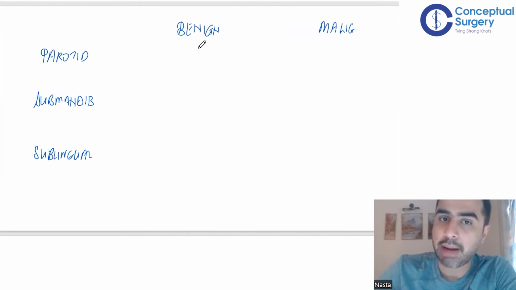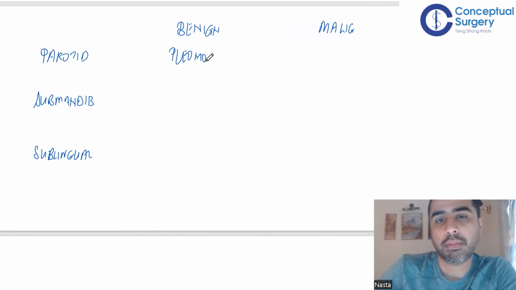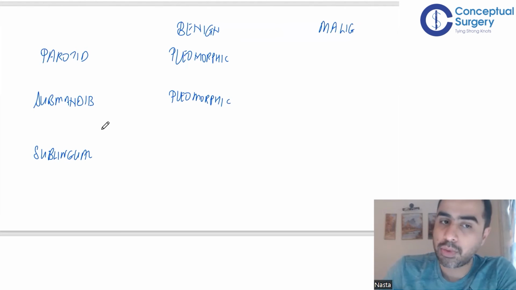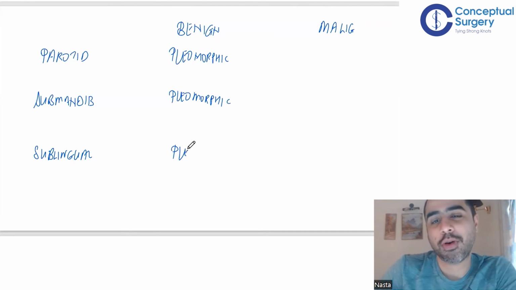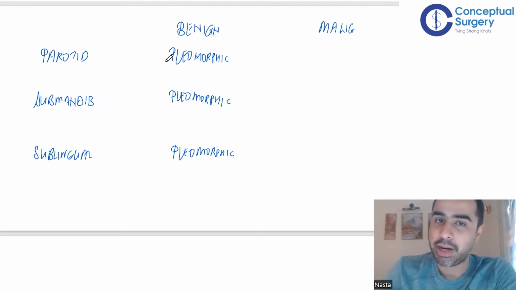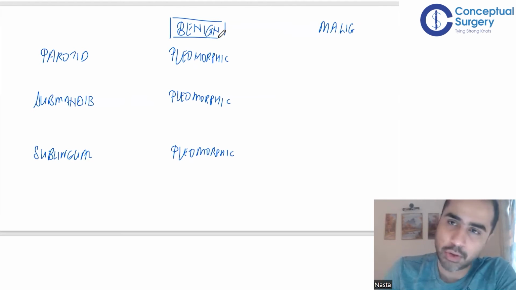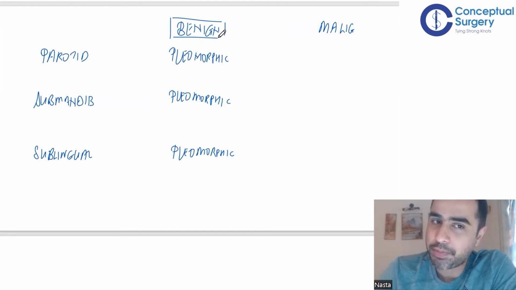The most common benign parotid tumor is pleomorphic adenoma. The most common benign submandibular tumor is also pleomorphic adenoma. And the most common benign sublingual salivary tumor is also pleomorphic adenoma. Which is why overall the most common benign salivary tumor is pleomorphic adenoma.